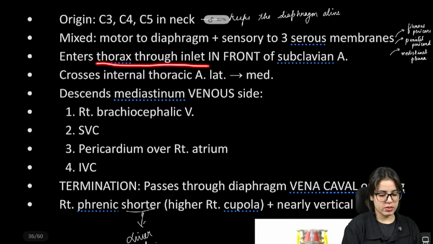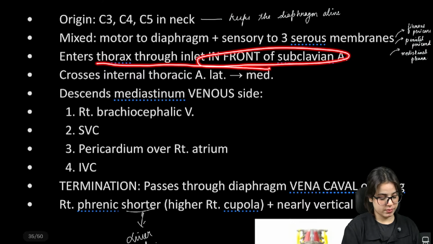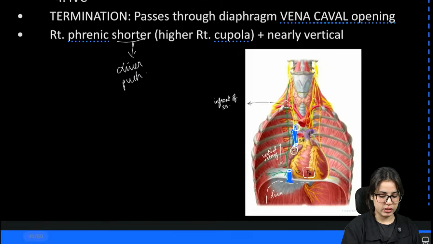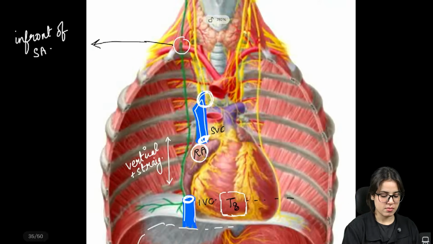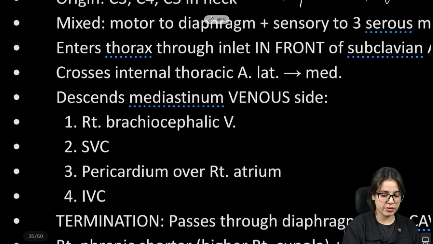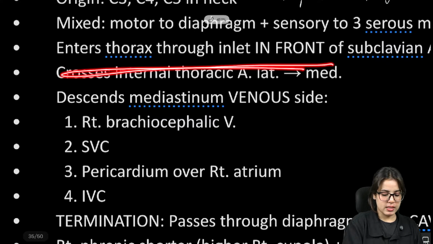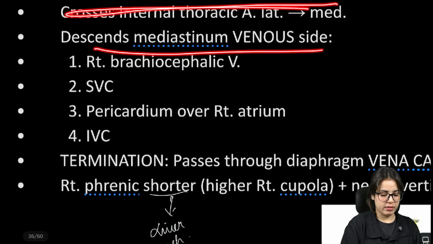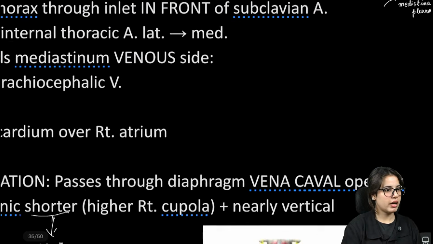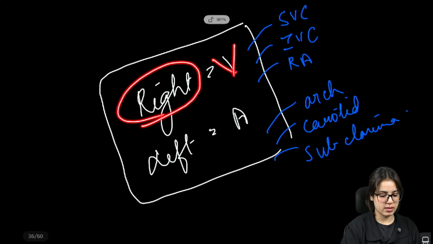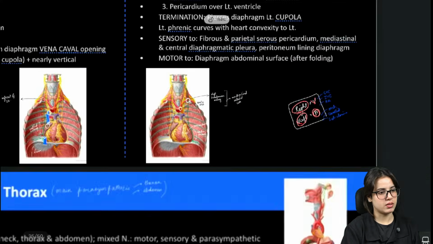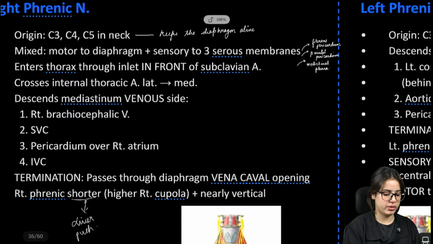Look, that's what's written. It enters thorax in front of subclavian artery, crosses internal thoracic artery laterally. If you don't remember this, it's okay. Descends in mediastinum, venous side. Again, we have heard this mnemonic before, right? Right is veins and left is arteries.